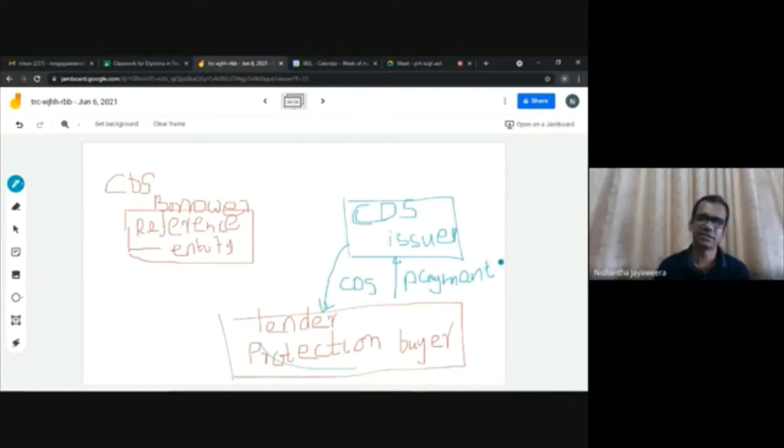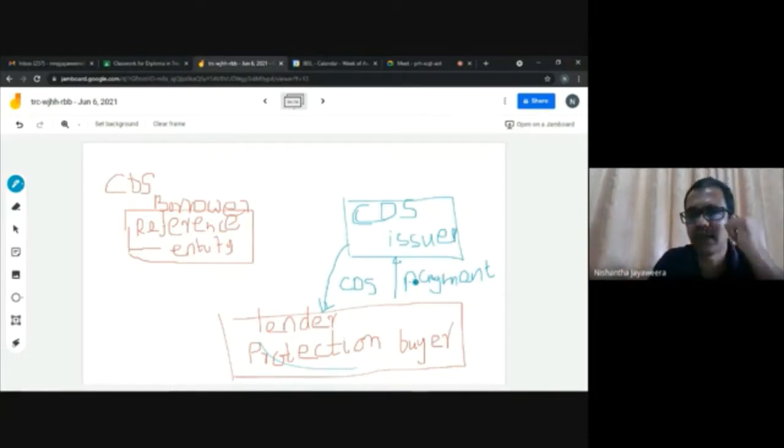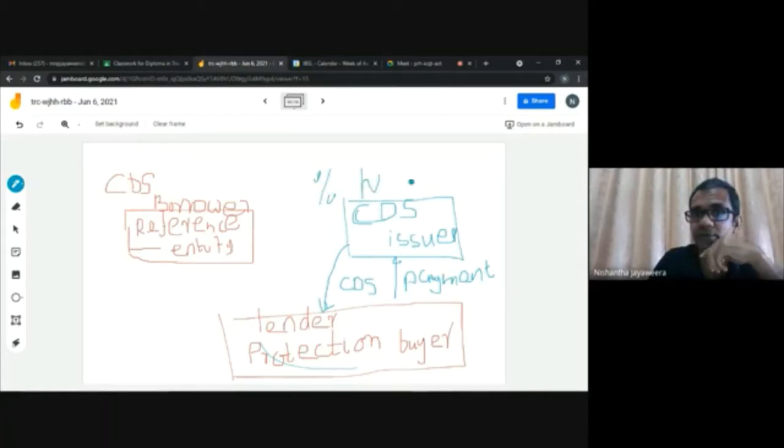It is a sort of premium, like you are paying an insurance premium. The protection buyer makes a payment to the CDS issuer to buy that protection. That payment is usually quoted as a percentage of the notional amount. Again, what is the notional amount?